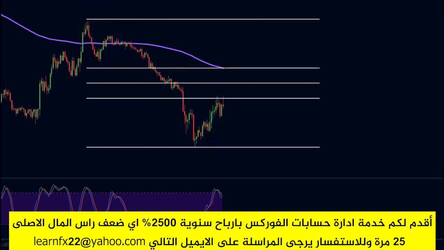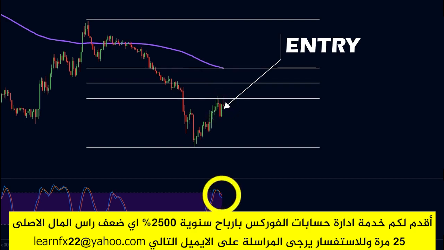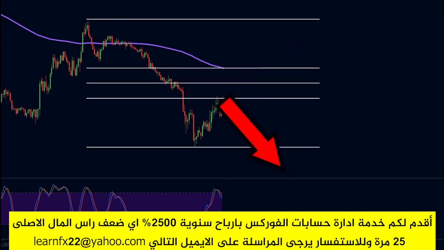Now we wait for our entry. Here is our entry. Here we see that the price finds resistance near this retracement level. And we can also see that the price crosses the 80 level on the stochastics and closes below 80. This indicates that the price was previously overbought, and now it has started a down move.